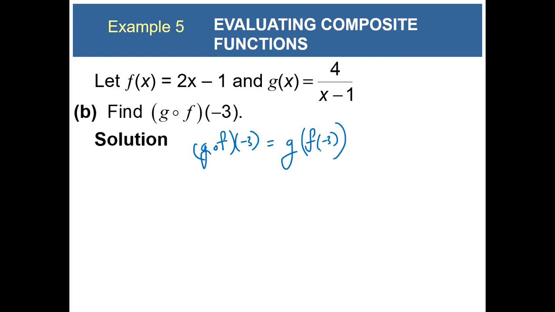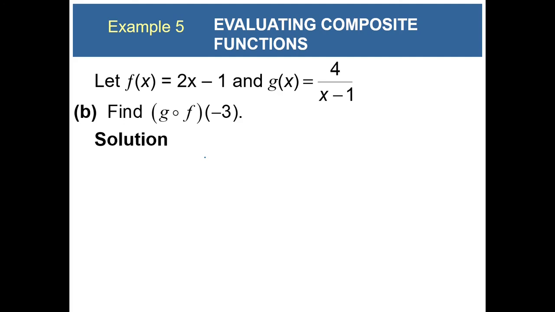So we'll find f of negative 3 first. f of negative 3 equals, plugging in a negative 3 for the function f of x, 2 times negative 3 minus 1 equals negative 6 minus 1, or negative 7. Now we can plug in the negative 7 into our expression.